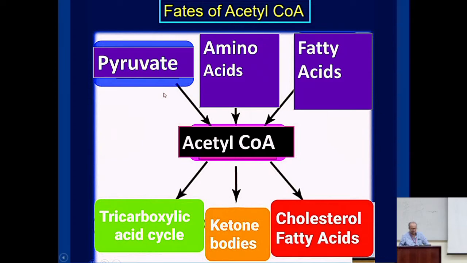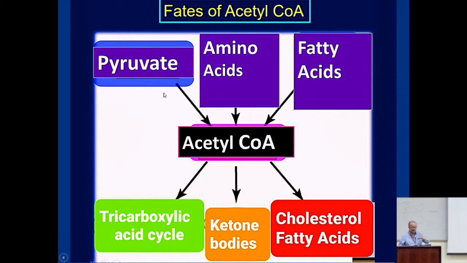Importantly, I want to remind you that what we were doing in the last lecture is talking about this distinct step, the pyruvate dehydrogenase complex. Also keep track that pyruvate most likely came from glucose.